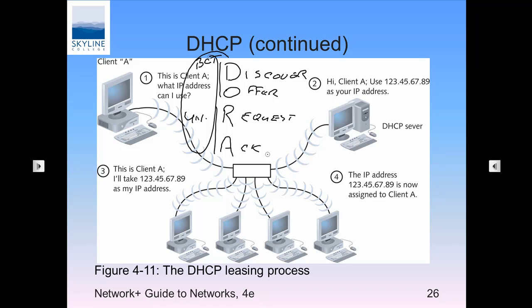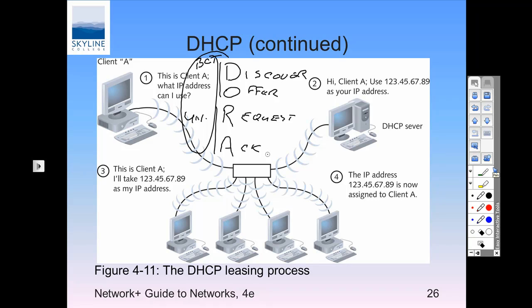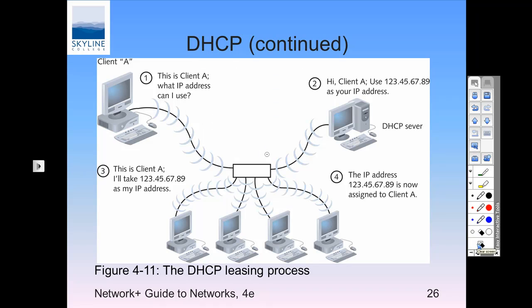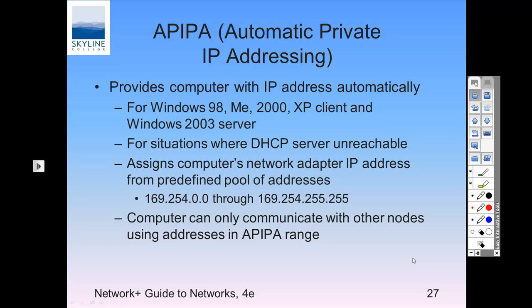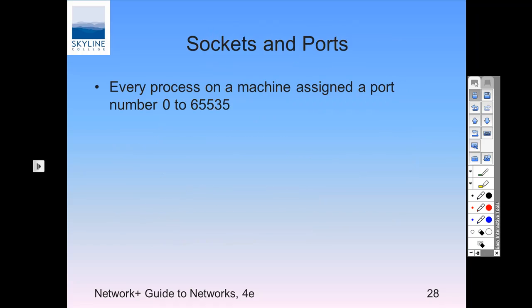Some operating systems, depending on which one you have. I've seen it around here operate both ways. APIPA, we talked about that. It's a Microsoft thing. You get a 169.254, meaning you tried to get a DHCP address and nothing answered. So the computer becomes its own DHCP server and assigns it.